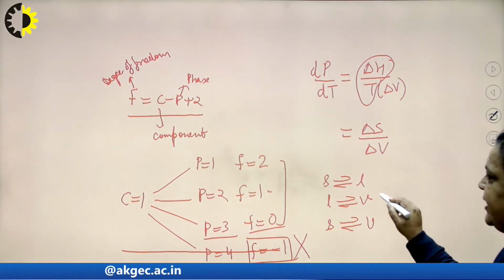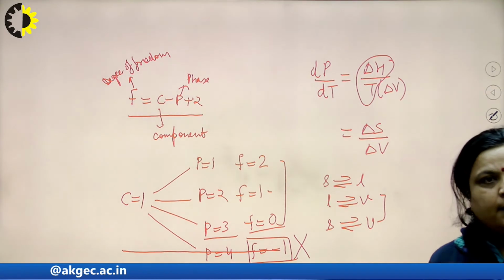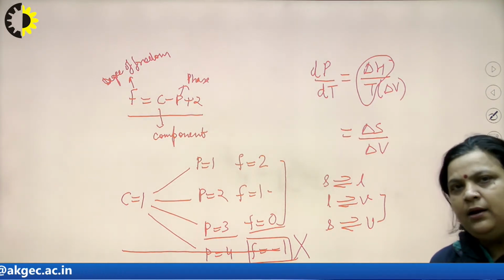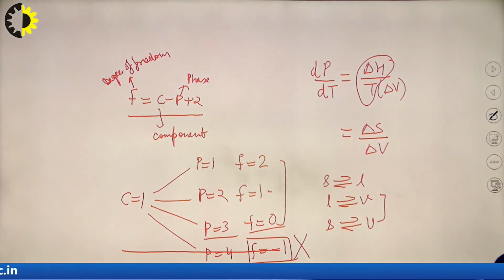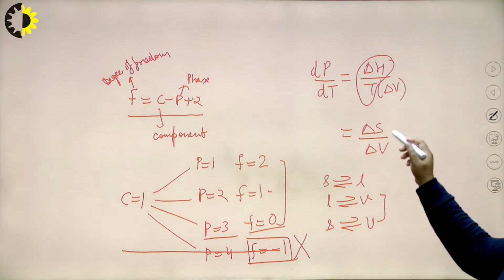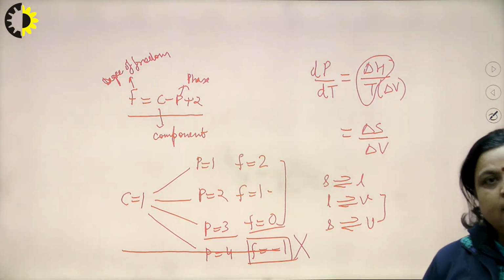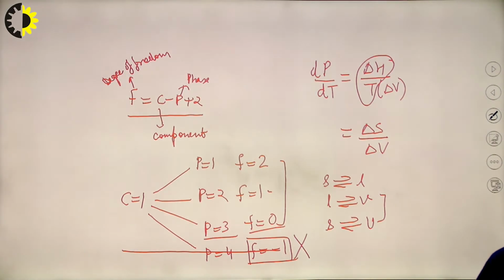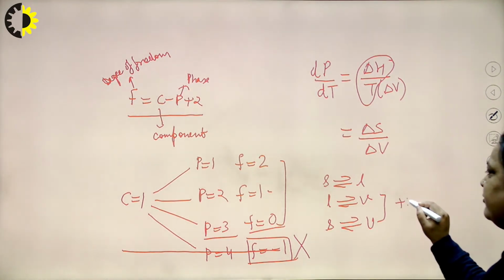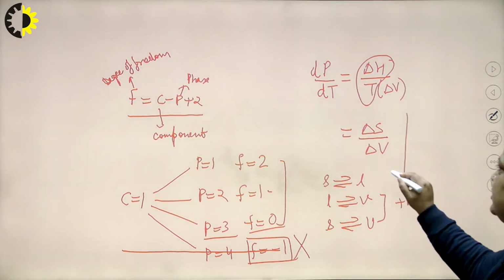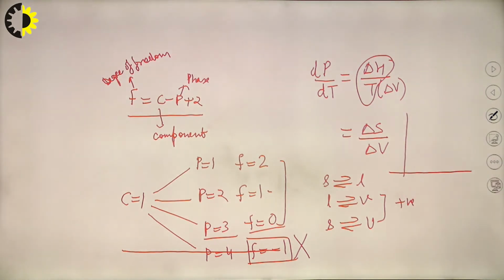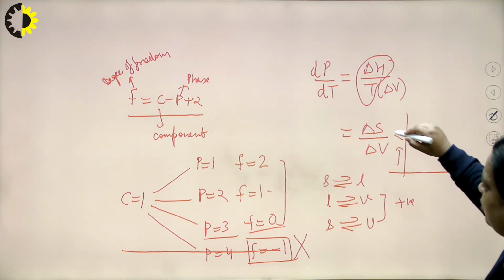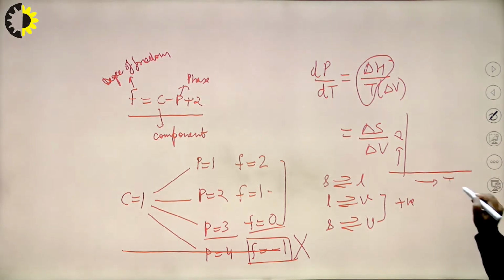So, for the second and third, when liquid changes into vapor, the randomness increases, and ΔV also becomes positive. So, in this case dP/dT will be positive. When we draw the phase diagram as P versus T, the slope will be dP/dT.